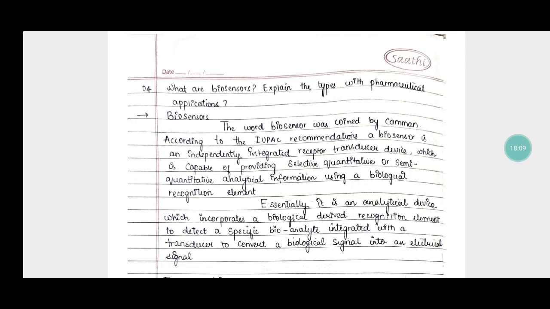It is essentially an analytical device which incorporates a biologically derived recognition element to detect a specific bioanalyte, integrated with a transducer to convert a biological signal into an electrical signal.